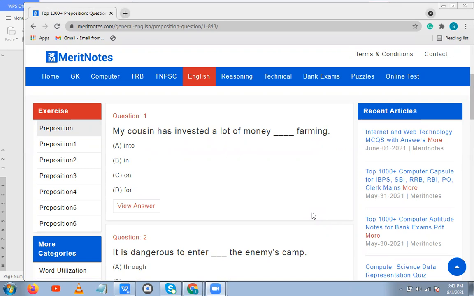These are some fill in the blanks of prepositions. Attempt at least 10 questions today.